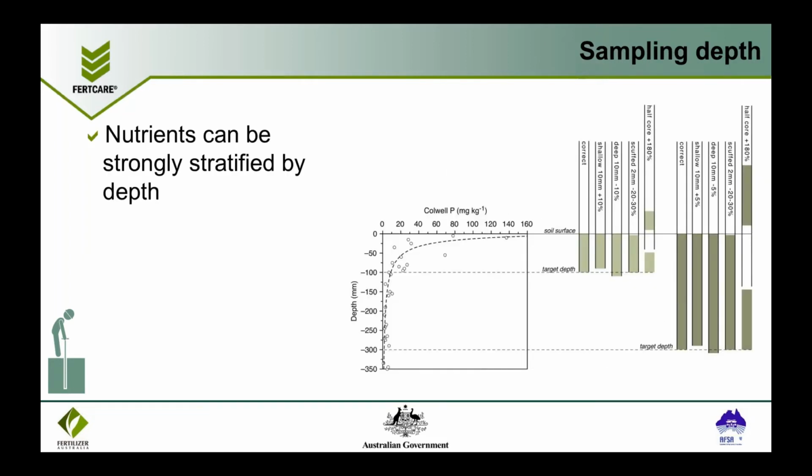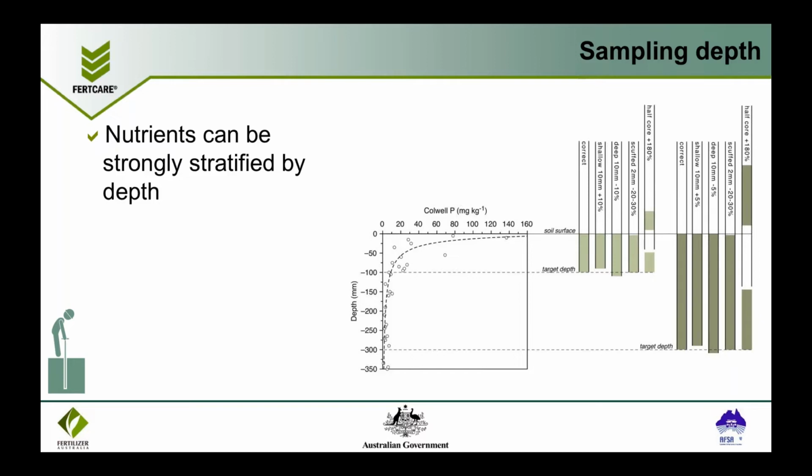The other really important thing is sampling depth, and this diagram has come directly out of the guide, and it represents how something like Colwell phosphorus can vary with depth down a soil profile, and various nutrients stratify by depth differently.